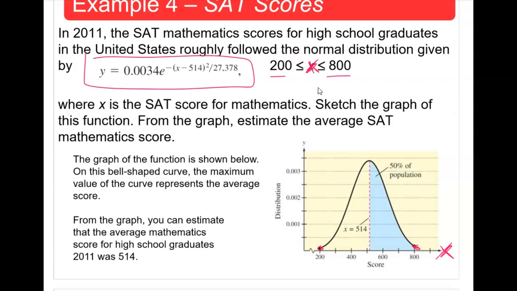So right here is the maximum y value and the x value that corresponds to it, which is right here, is going to be 514. So that was the average score for high school graduates in 2011.